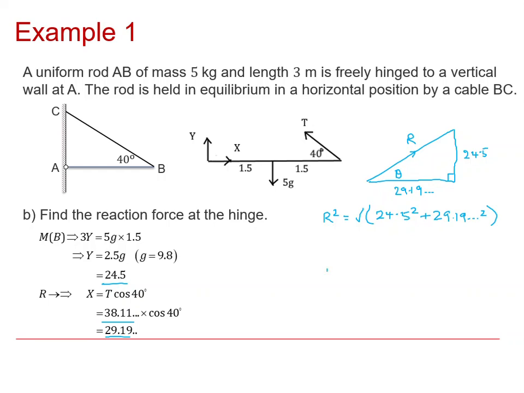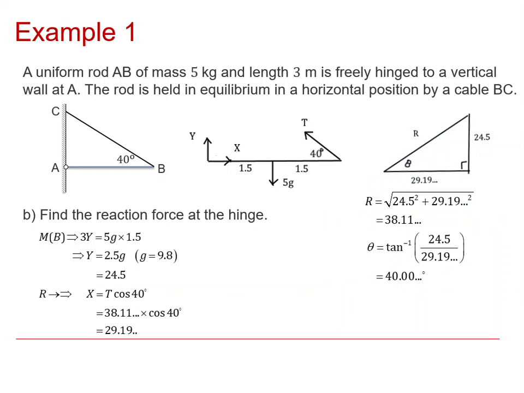For the angle theta, that will be the angle whose tangent is the 24.5 divided by the 29.19, etc. Notice I always put the dots in if I'm quoting from the calculator. So that will be a matter of two numbers.